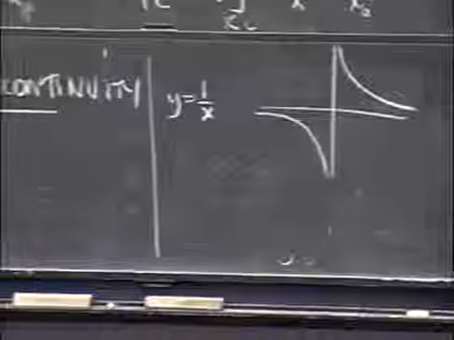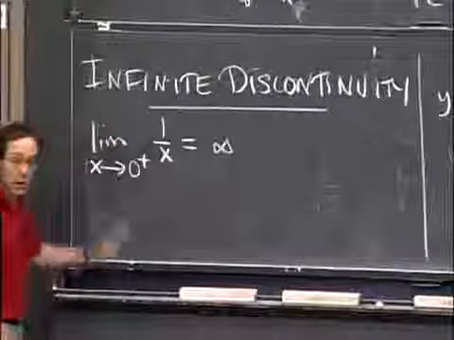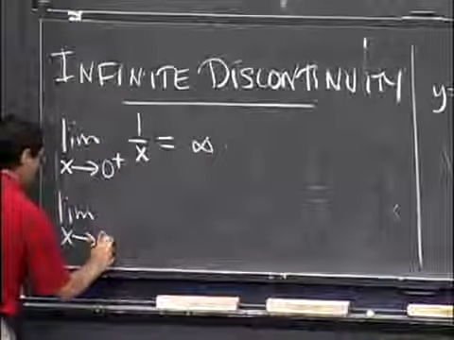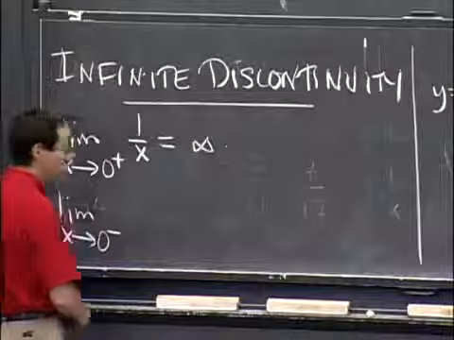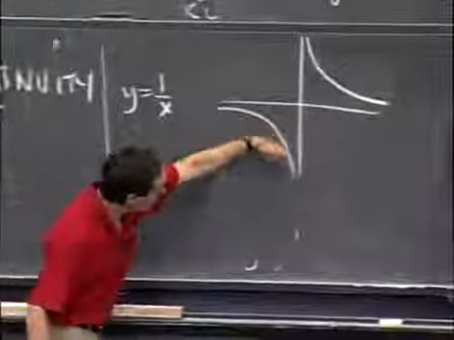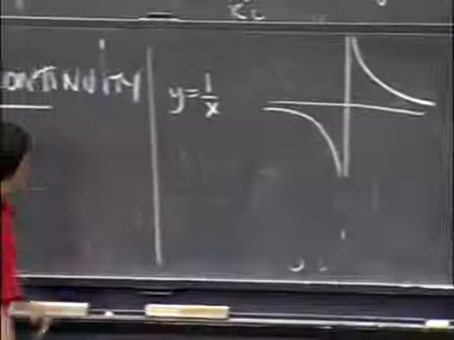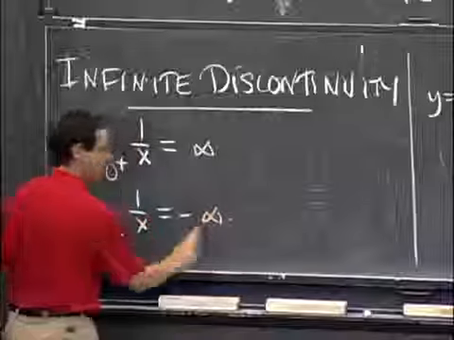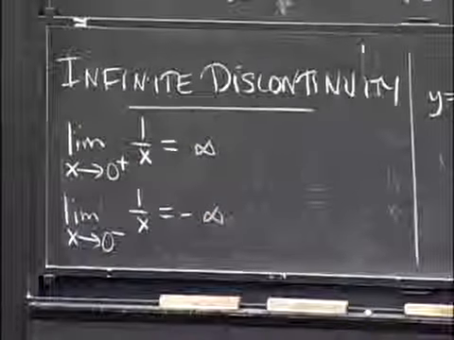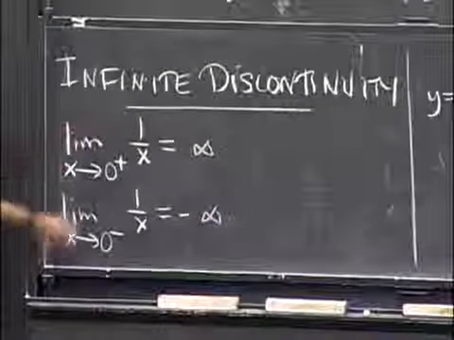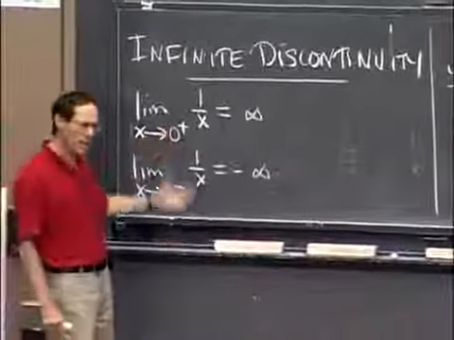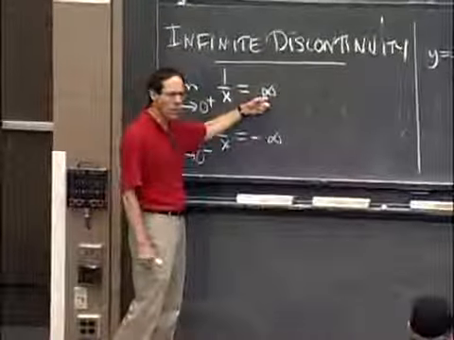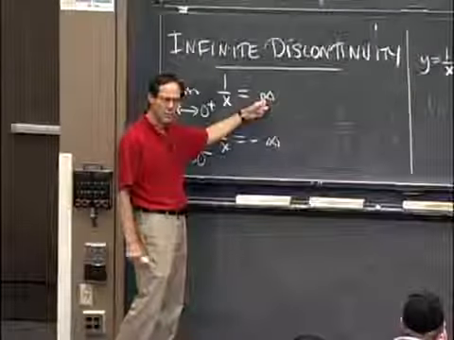So this limit is infinity, whereas the limit in the other direction from the left, that one is going down, and so it's quite different. It's minus infinity. Now, some people say that these limits are undefined, but actually they're going in some very definite direction. So you should, whenever possible, specify what these limits are.